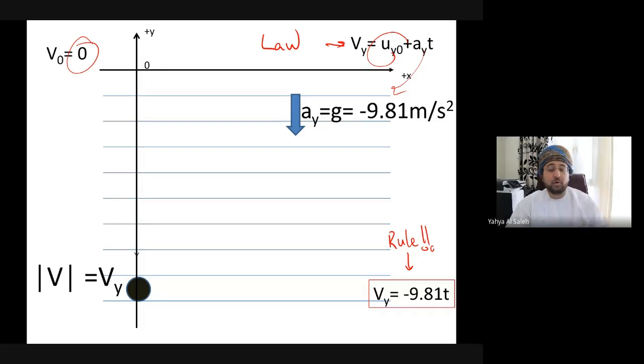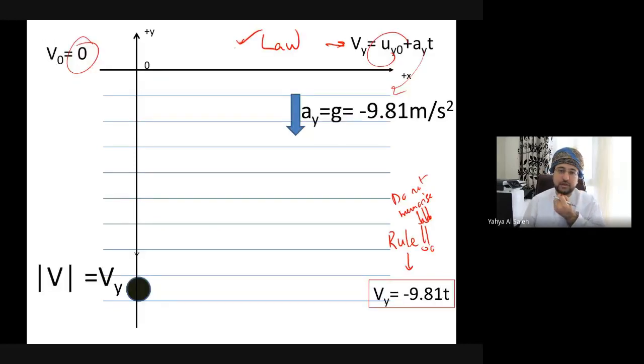We don't need to remember all the rules. Just by knowing this law, we derive the rule, and we can do this every single time. So do not memorize this.